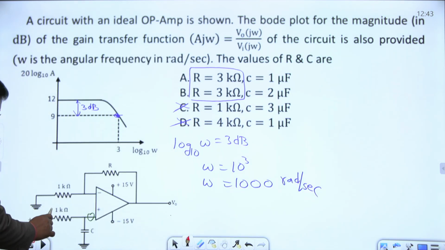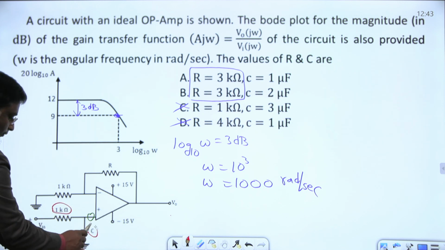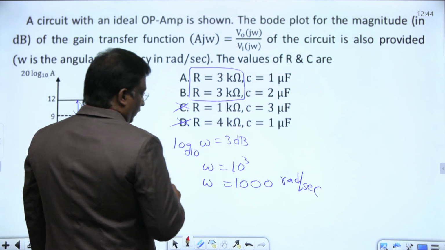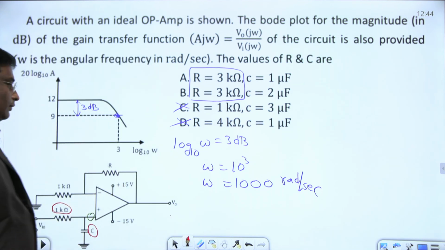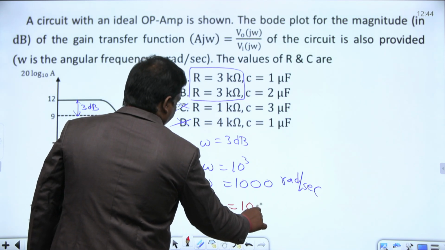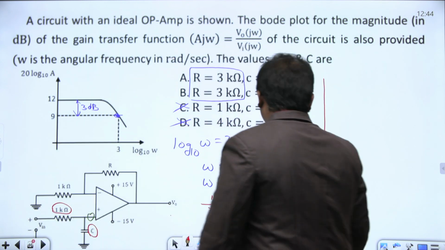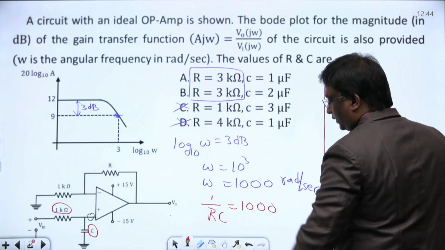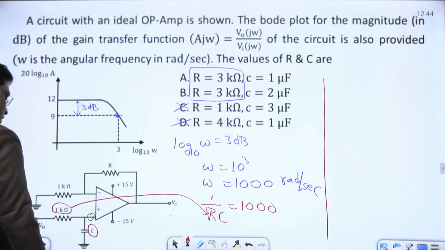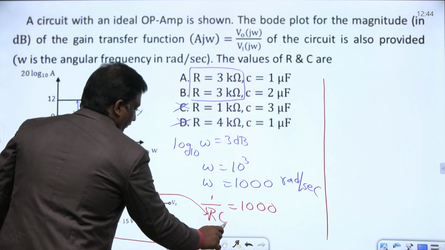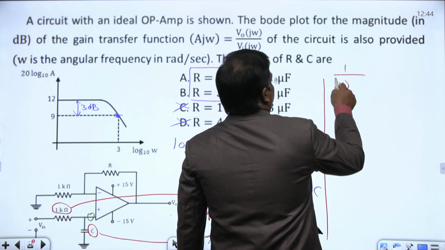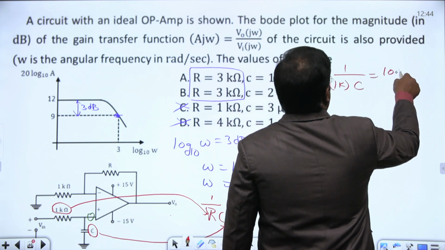We are talking about these two elements, R and C. What is the relation between this omega and RC? Omega is 1 by RC, and this 1 by RC we got as 1000. This R, I am talking about this R, is 1k, and we need to find C. So 1 by 1k into C is nothing but 1000.